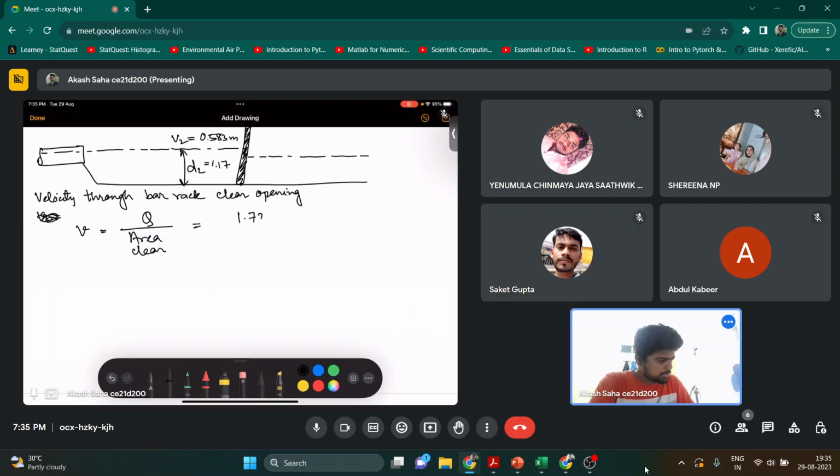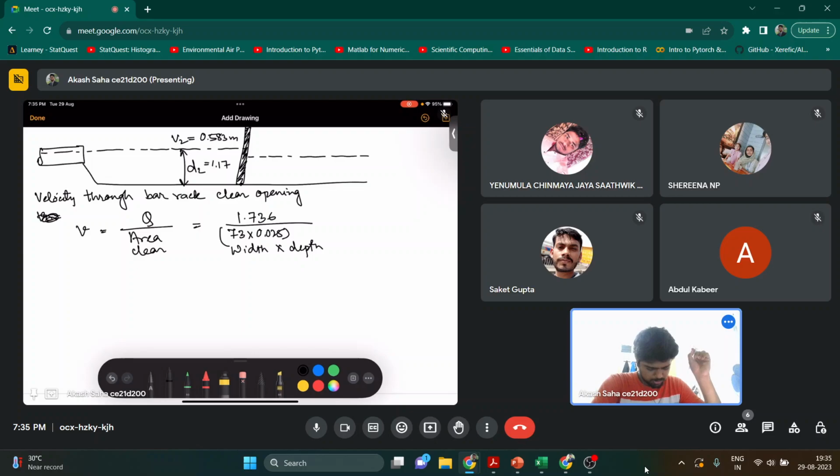So 1.367 divided by what is the clear area? So again we will do width into depth. So what will be my clear width? My clear width will be 73 into 0.025. Why? We have 73 number of clear spacings and each clear spacing is of 25 mm. So my total clear width will be 73 into 0.025.